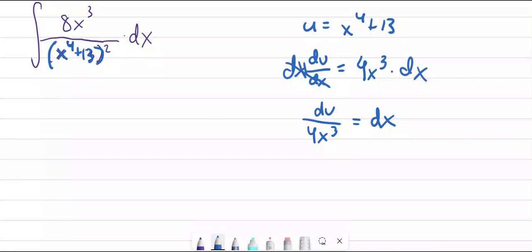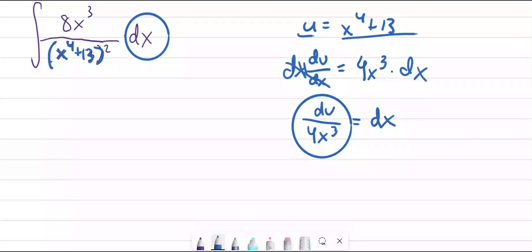So now where there used to be a dx, we can replace it with this whole thing. And where there used to be x to the 4th plus 13, we can replace it with u.